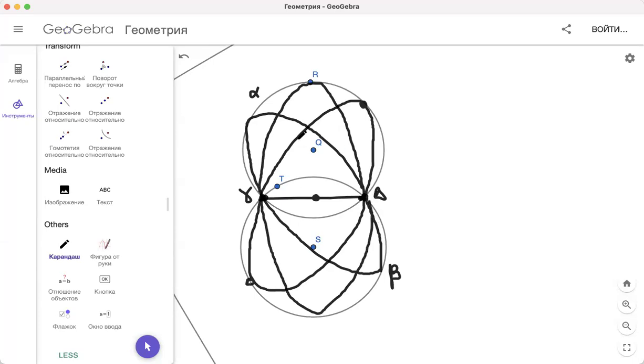This theorem is by Marcel Berger, and it was in his book Geometry. Okay, but it was formulated in some other words.